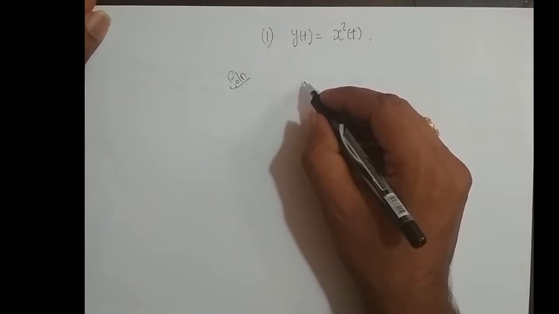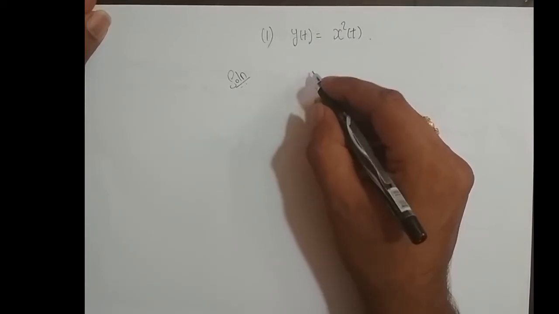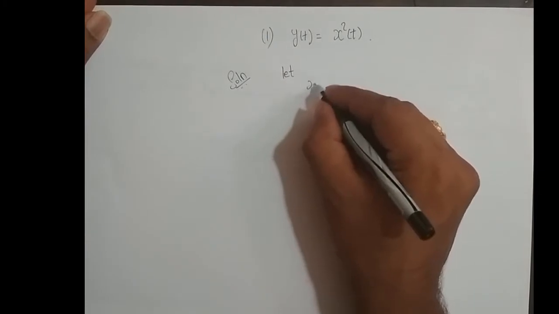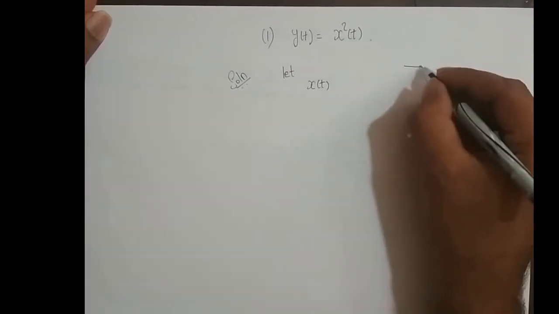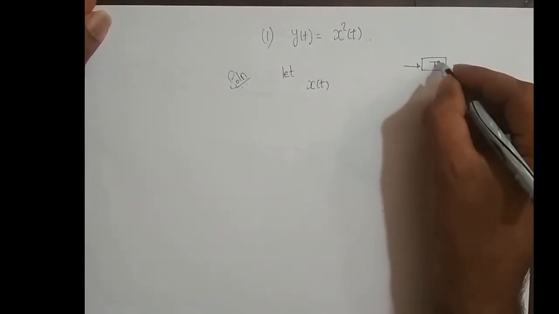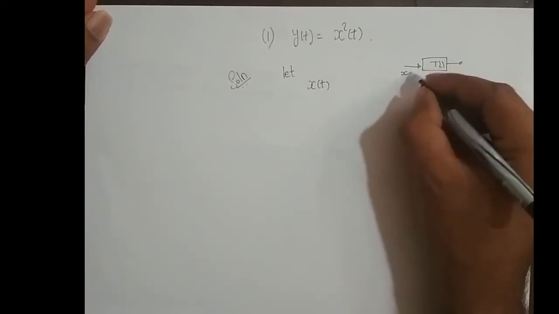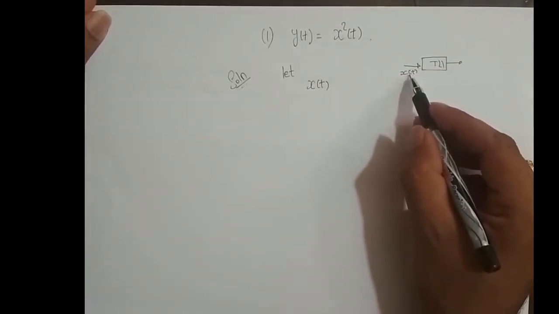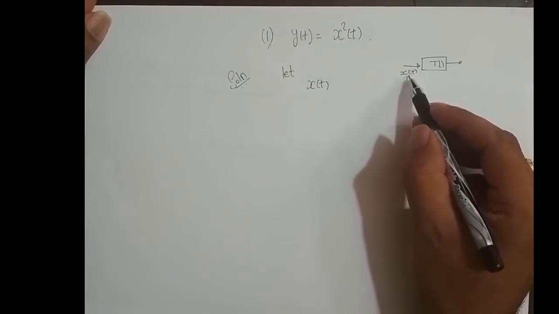So what's the definition of stability of a system? For every bounded input, I should get bounded output. Then only I call that system stable, right? Let x of t be the input to the system. Whatever input I am feeding to the system, I am assuming that it's bounded.